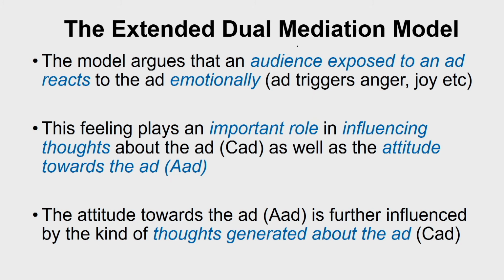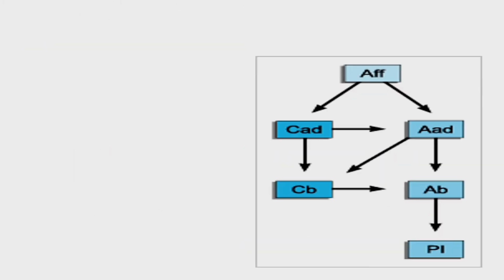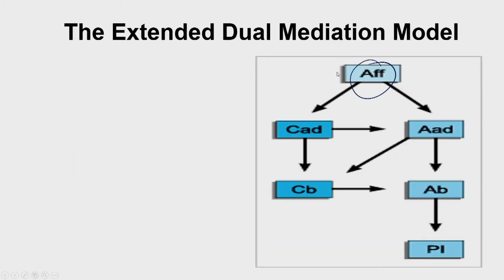Then we discussed the extended dual mediation model, which basically says that any advertisement leads to an emotional response, and this emotional response leads to a belief about the advertisement as well as a feeling about the advertisement, and the belief about the advertisement also reinforces the feeling about the advertisement. This feeling, or attitude about the advertisement, because the feeling and the belief form the attitude, will lead to the formation of cognitions about the brand.